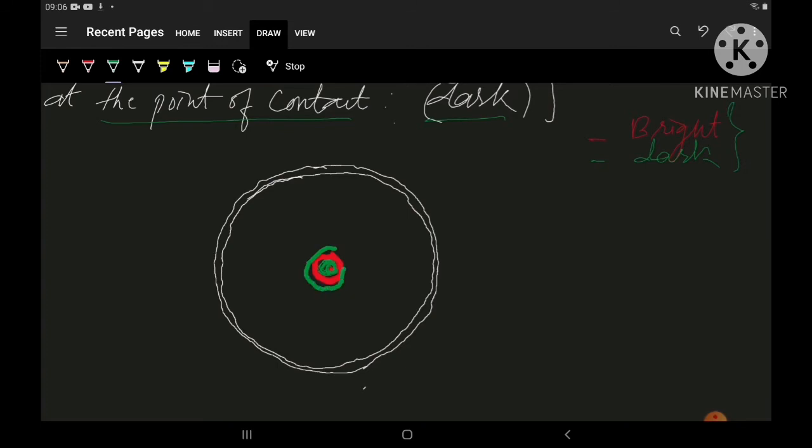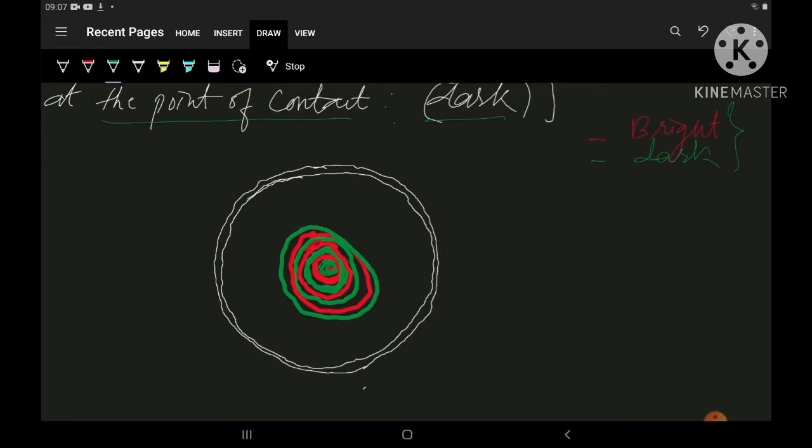So here this is the dark circle. Now again bright circle, then again dark circle, then again bright circle, again dark circle.